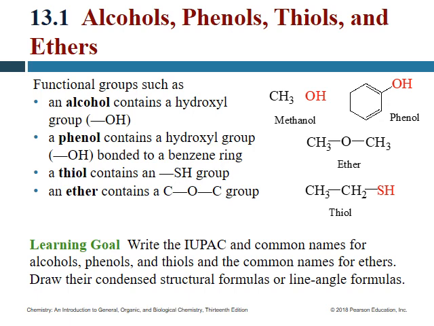So alcohol, phenol, thiol and ethers consist of functional groups. There are a bunch of other functional groups that we will study later on in this course, but this is what we are going to begin with. A functional group is when you have a hydrocarbon with a specific group attached to it, where that group provides the compound with certain physical and chemical properties.